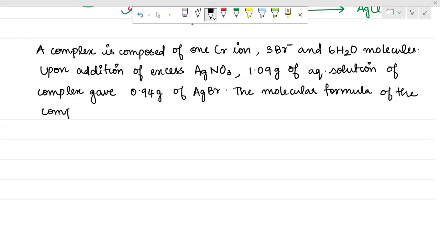Molecular formula of the complex is. Options are: A, [Cr(H2O)6]Br3.